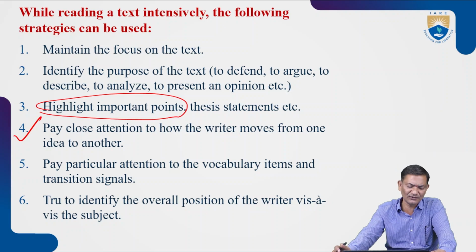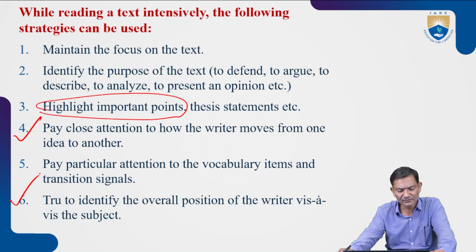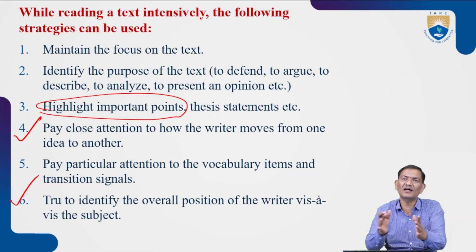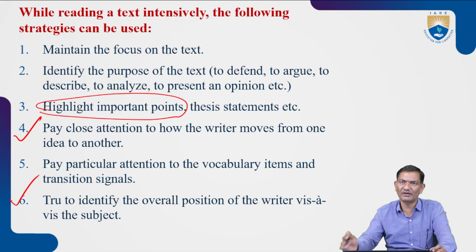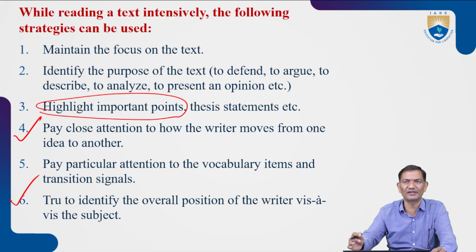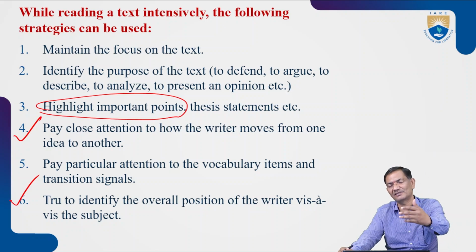Next, the sixth one is to identify the overall position of the writer, vis-a-vis the subject. So identify the overall position. What is the position of the writer? What does he convey? What does he want to say in that paragraph?